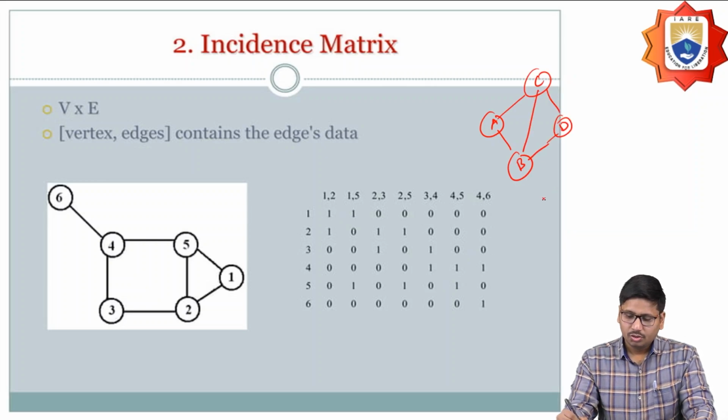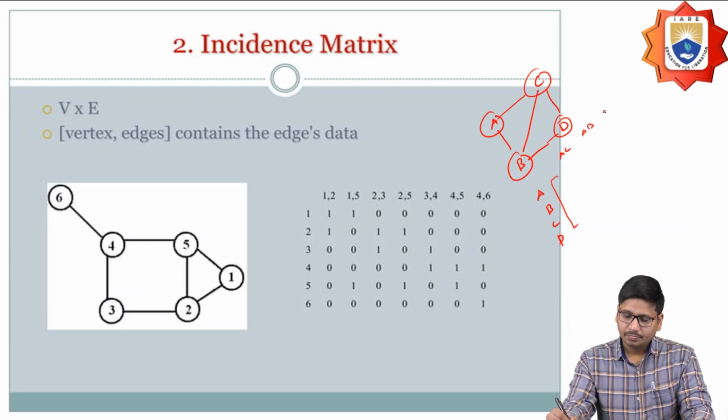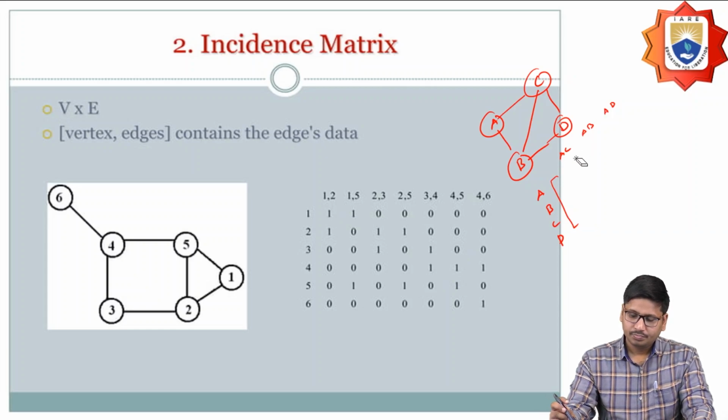how is the incidence matrix built? I consider the vertices on the rows, and the columns I consider like this: AC, AB, AD, so E1, E2, E3, E4 and E5.